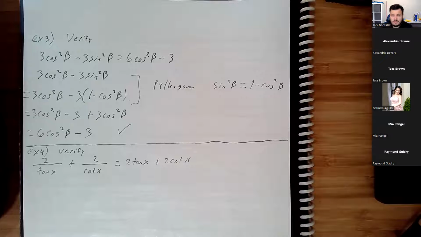So maybe we should start there. That's usually what I go with. I'm like, okay, does it look like a pain? I guess I should probably start there. Is it more complicated? Most of the time when you see fractions, you want to go with that side. If there's no fractions, then you want to start with something that could be turned into fractions.